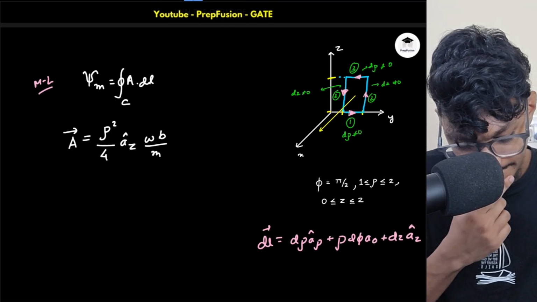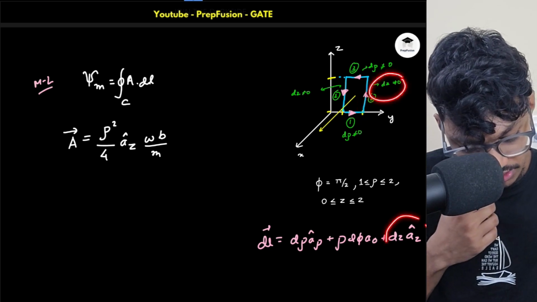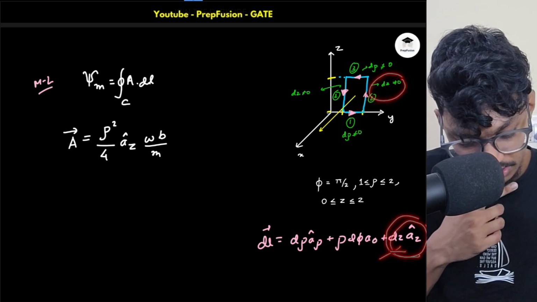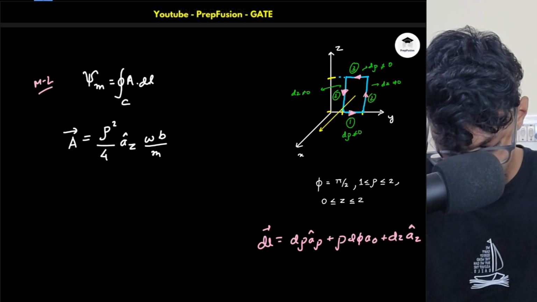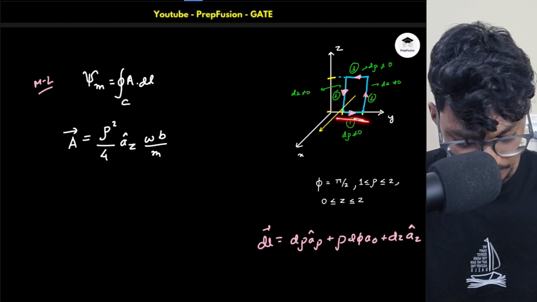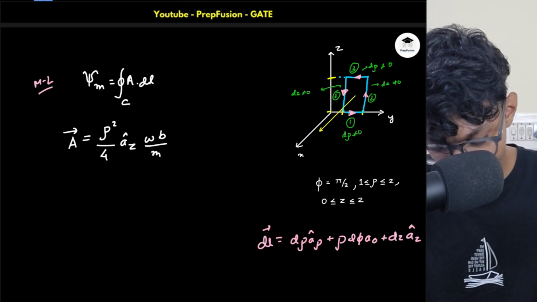So here, in which direction am I going? dz is non-zero, so this component I will take. This I won't even consider, because what is the direction? a rho cap dot az cap is what? 0. So the dot product itself will be 0.